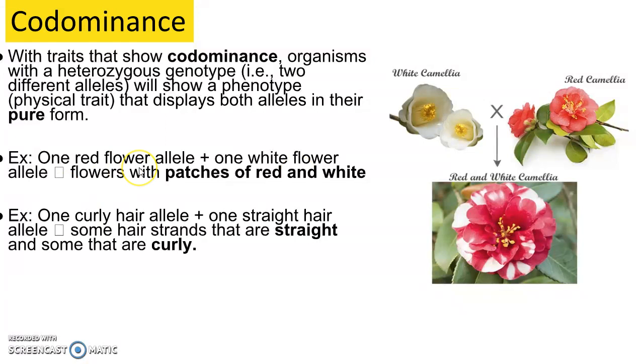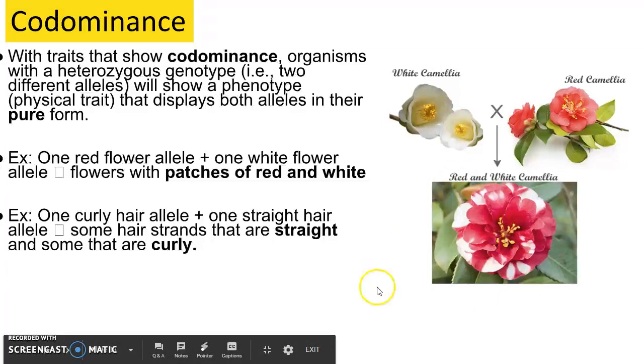For example, let's say you have 2 parents that have red and white flowers in this camellia plant. That will result in offspring that have flowers with patches of red and white. So it's not a blend of the 2 parents. Both parents' alleles, the red and white alleles, are showing up in their pure form.